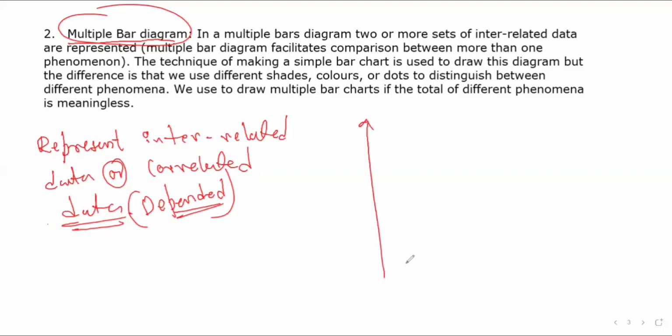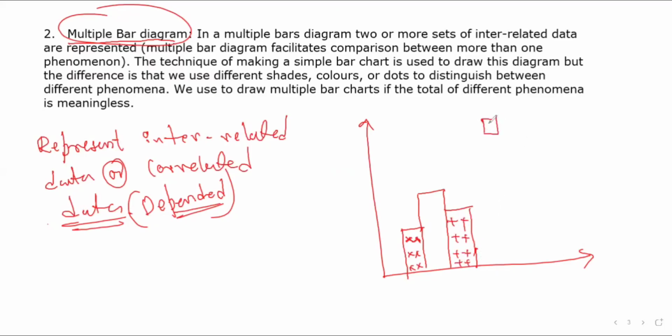So how are we going to draw the multiple bar diagram? As usual, consider the two scales, x-axis and y-axis. Suppose one variable like this. Next, for one more variable, the bars are adjacent to each other, and these different bars are denoted by different shades. For example, the first is denoted by a cross mark, the second I will keep empty, the third with a positive sign, right?